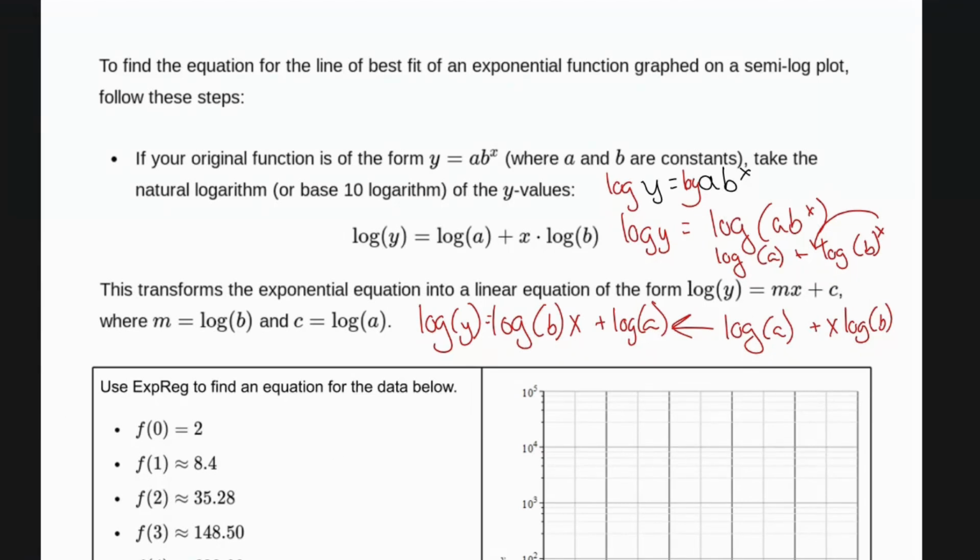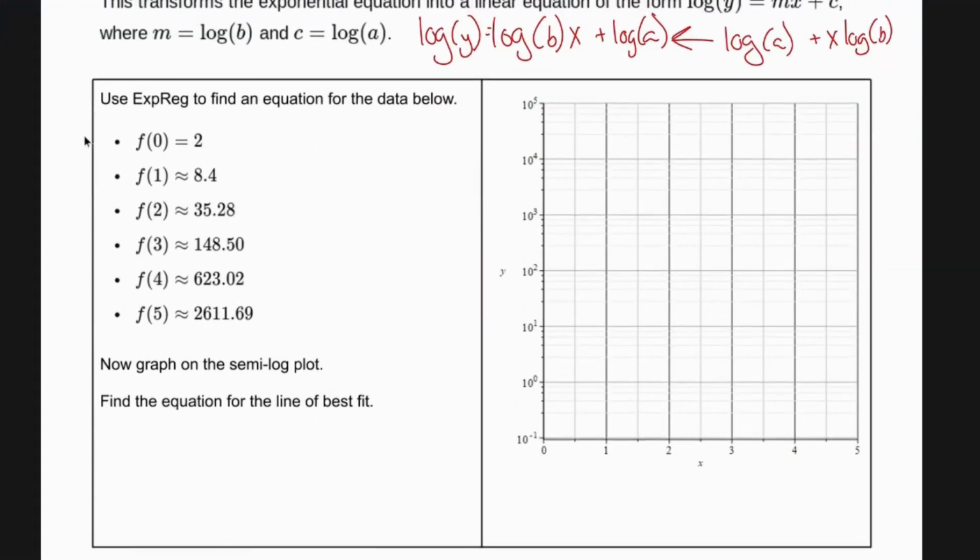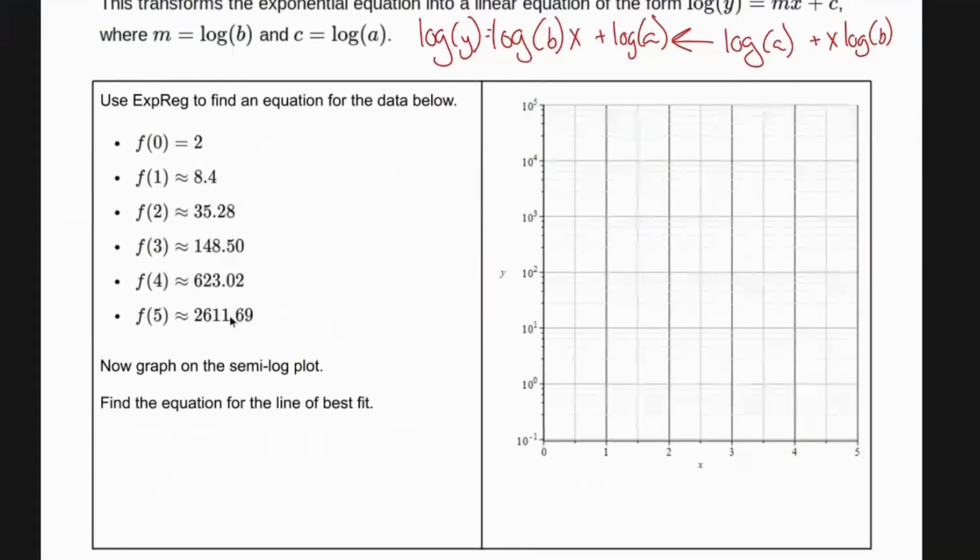Okay? So, one more time, we're going to use exponential regression, and we're going to draw, and then we're also going to find the equation for the line of best fit using what we just learned. So let's go to our calculator, throw all that stuff in.